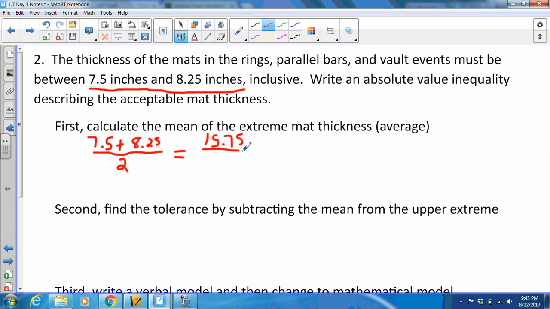And remember, we're going to divide by 2 on that. Equals, and then we should get 7.875. And really what this is going to be in our inequality is the ideal thickness. This is what we would like it to be.